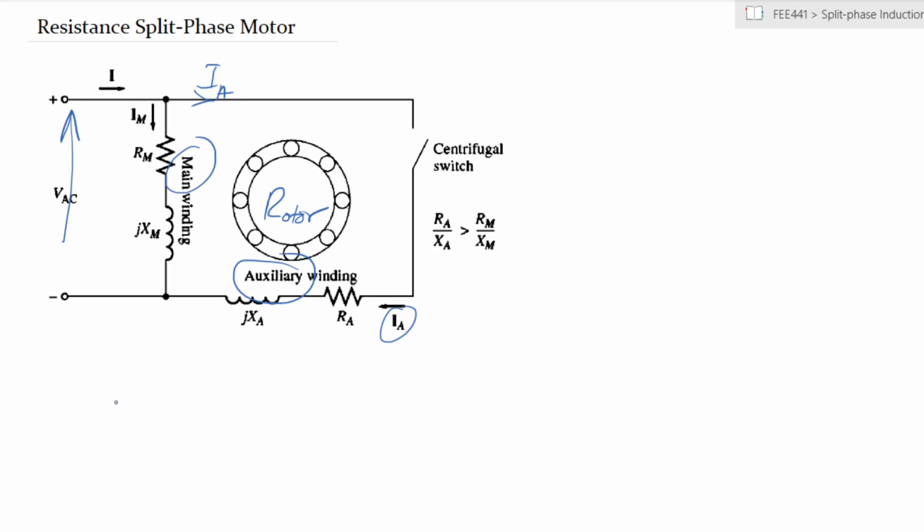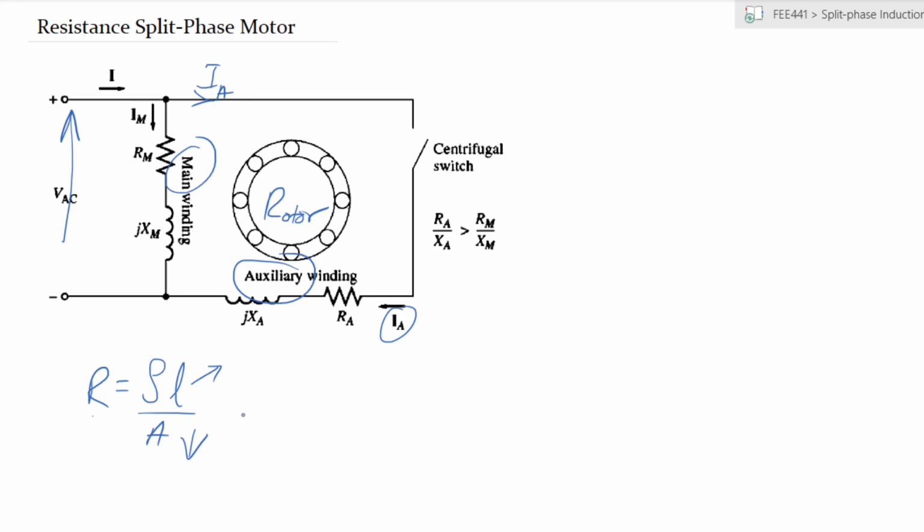Now, the difference between the two: there are no additional components that are added to these windings. The only differences are in the thickness and the length of the windings. You remember that if you have a winding, the resistance of that winding can be given by rho L over A. So if you increase the length, you increase the resistance.